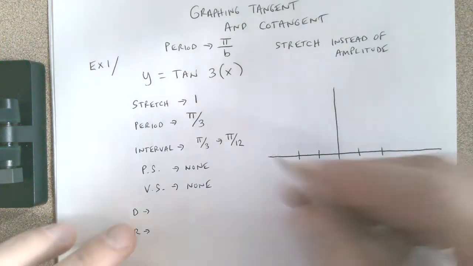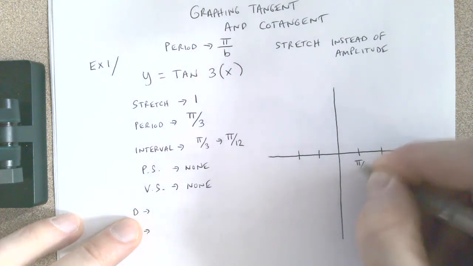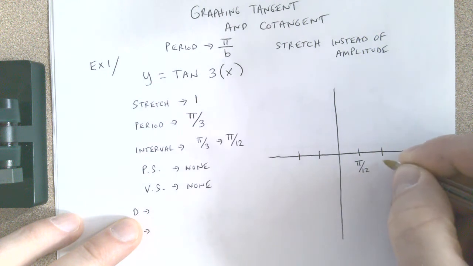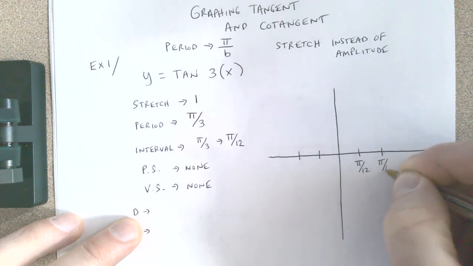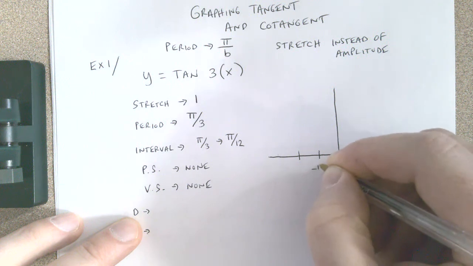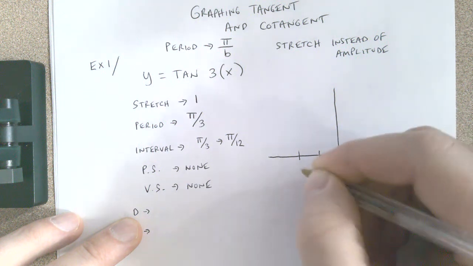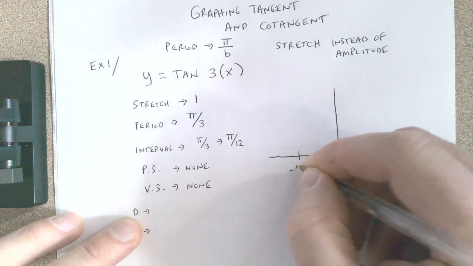If we know our interval here is pi 12, so we go pi 12ths, 2 pi 12ths, which would be pi 6. And you've got negative pi 12ths and negative pi 6.